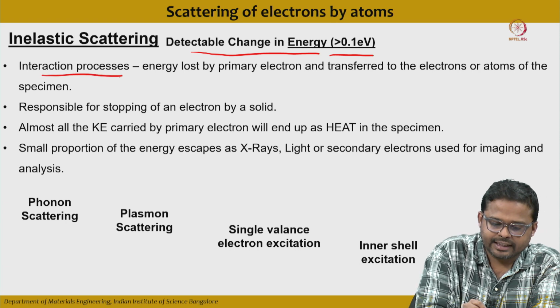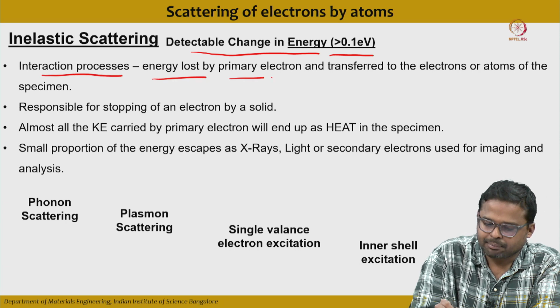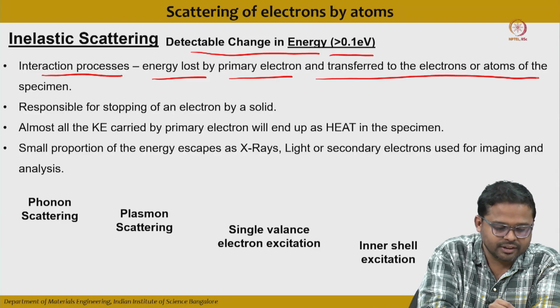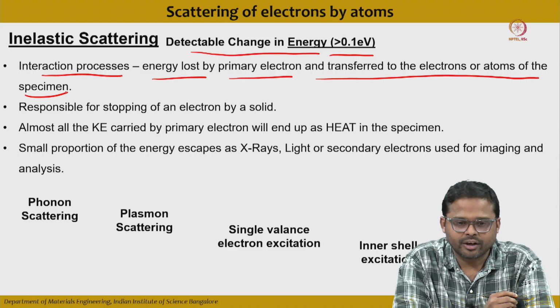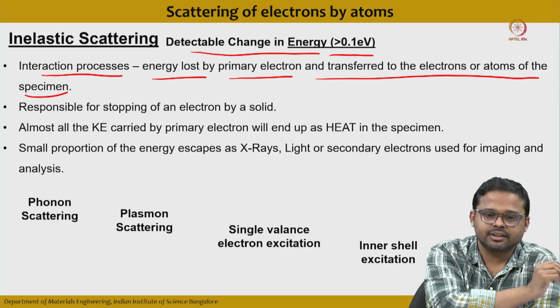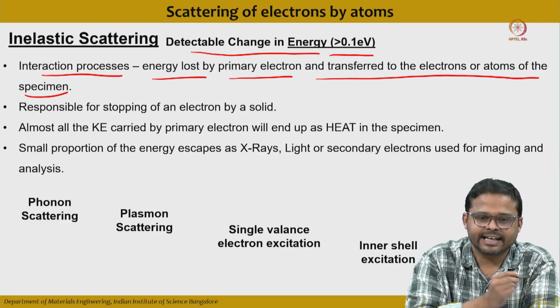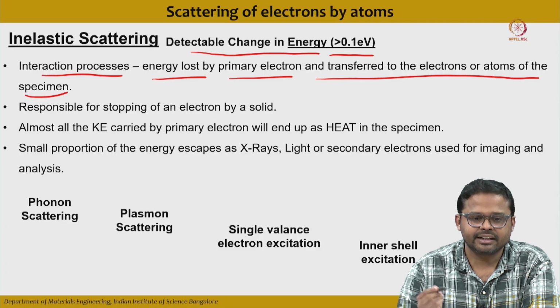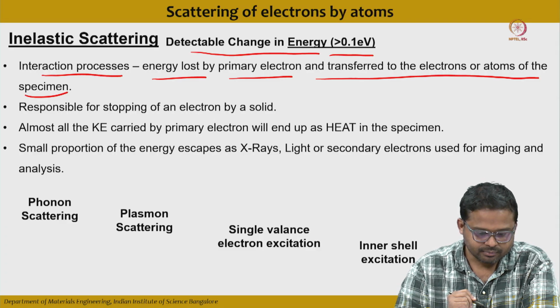Here, the energy is lost by the primary electron and transferred to the electrons or atoms of the specimen. Whatever energy is lost is transferred to the electrons and atoms of the specimen, due to which there will be a release of certain radiations and different types of energies.